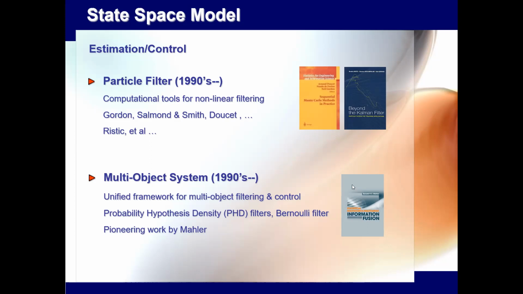So this is my main research area: trying to understand the multiple object system, its mathematical description, and after modeling, I want to develop an efficient multi-object filtering algorithm to study the system.